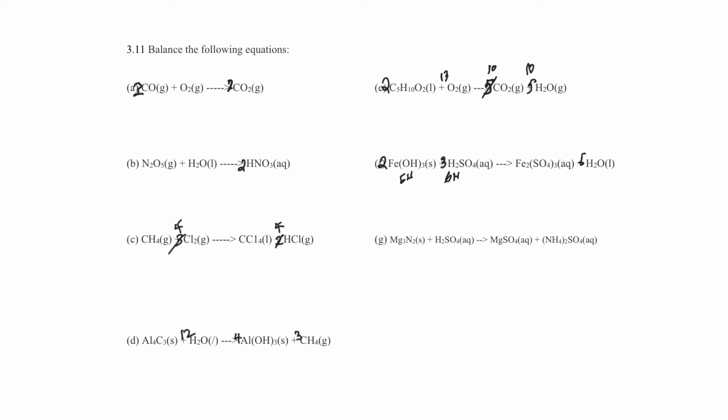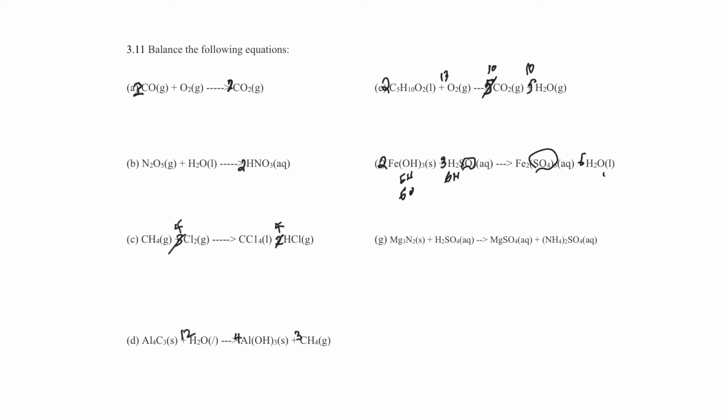So that's going to be a 6 on this side. 2 times 6 is 12. Now let's look at oxygens. On the left, I'm not counting these oxygens because those are sulfates and I've already taken care of it. So I'm just looking at the first ones. This is 3 oxygens times 2, so I have 6 oxygens on that side and 6 oxygens on that side, so it looks good. So it'll be 2, 3, 1, and 6. Nice.